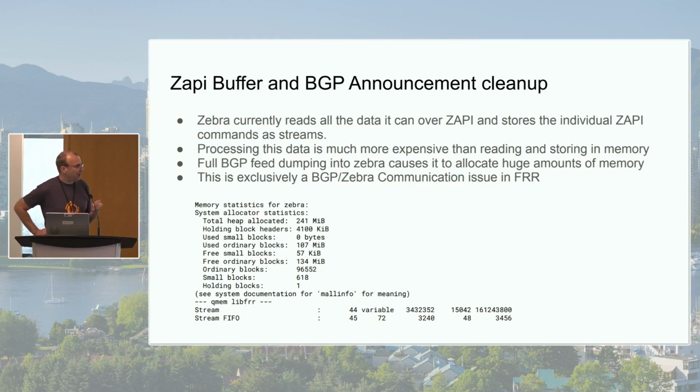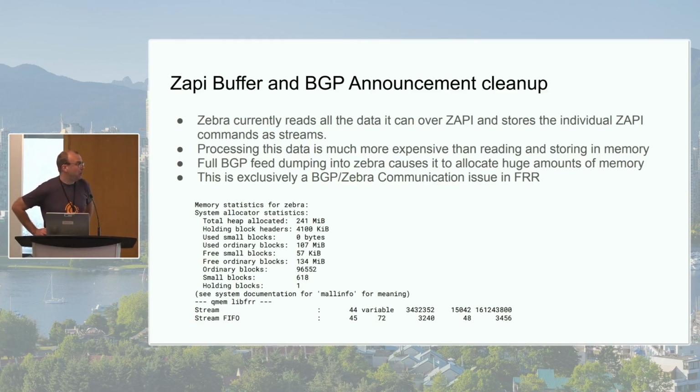Well, the problem with that is that BGP's flapping above me, and it's sending down a stream of data to me for route installations, where I'm just storing individual route installations as individual streams. BGP and Zebra can generate that data faster than Zebra can consume it, and you end up with a large number of streams that just end up as extra data.